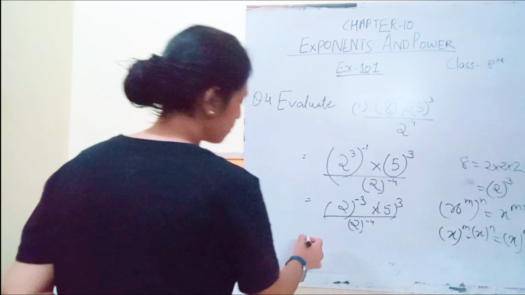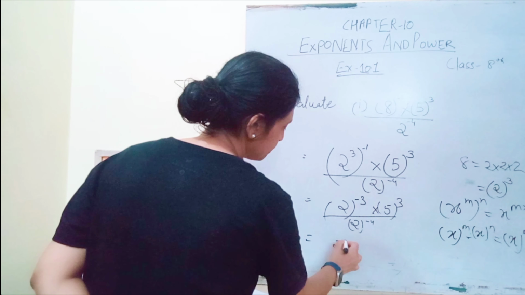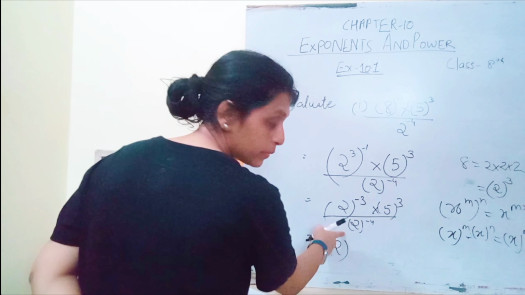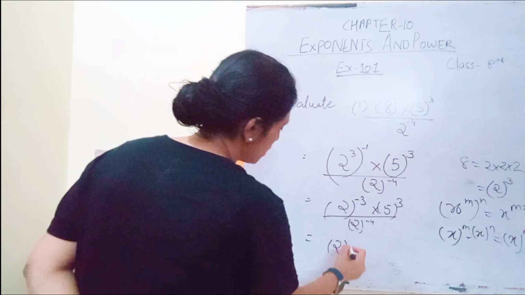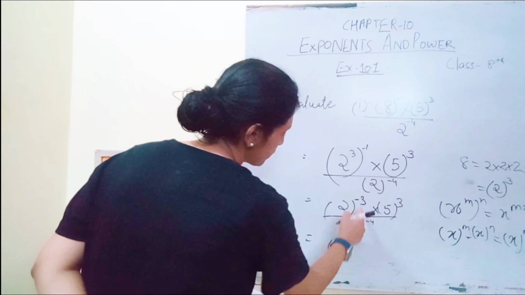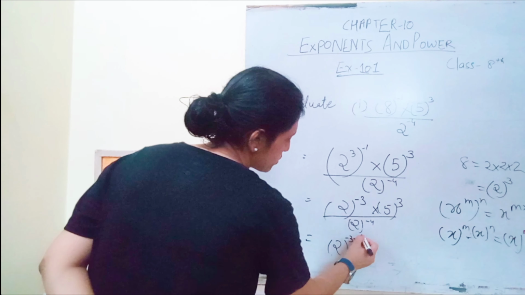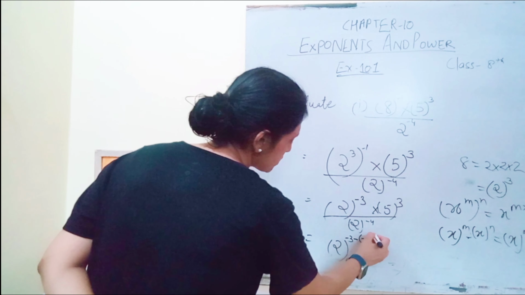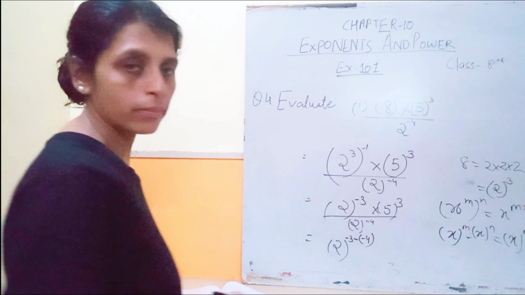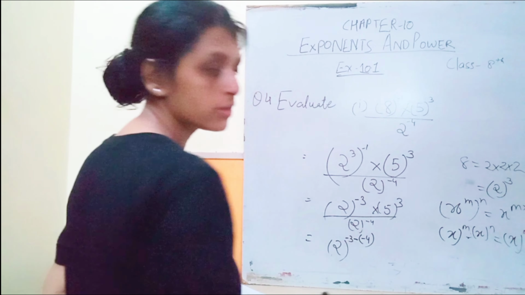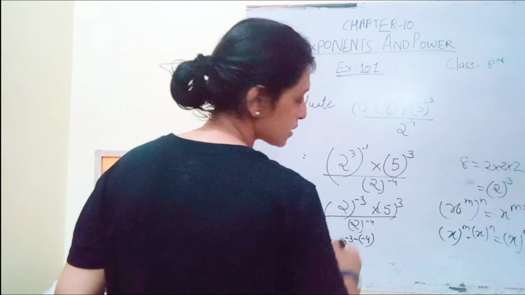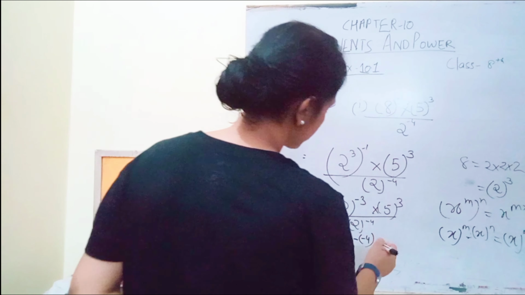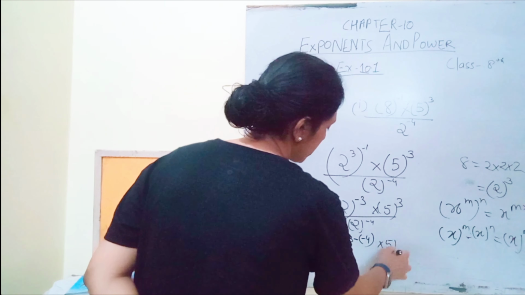So the base will be the same, 2 raised to minus 3 minus in bracket minus 4. Whenever any integer is negative you should keep it inside the bracket. Into 5 raised to power 3.